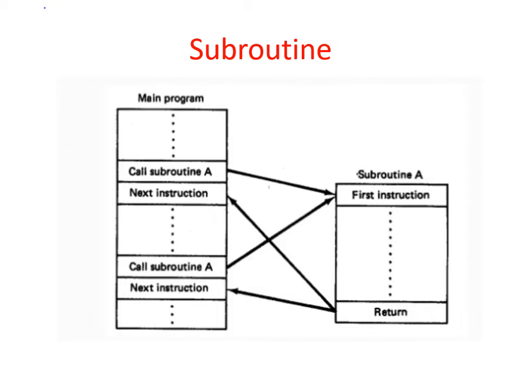From there, it will take one by one the instructions of subroutine A till it encounters a return statement. Once that subroutine is completed, the control will again come back to the original main program and it will continue its execution from the next instruction after the call.